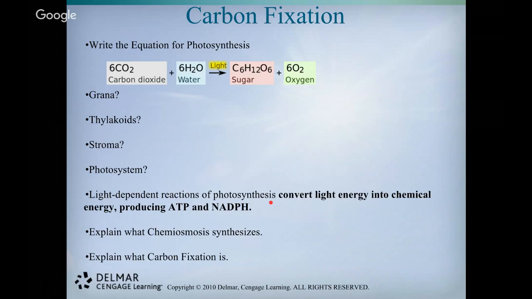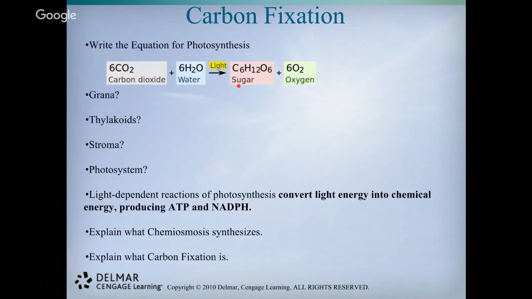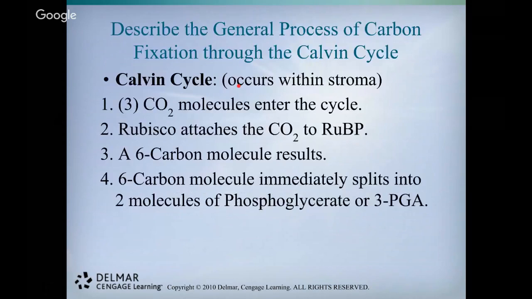Light-dependent reaction, we already talked about that. The electron transport chain releases oxygen, makes NADPH, chemiosmosis makes ATP, and carbon fixation is, again, the process which forms organic compounds from inorganic compounds, simply changing carbon into a usable source. So let's get into the Calvin cycle.